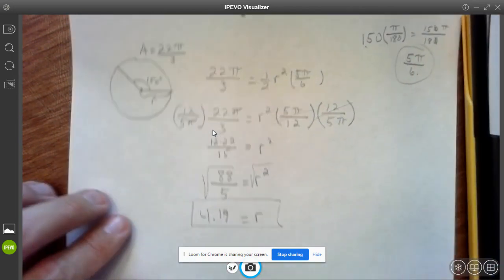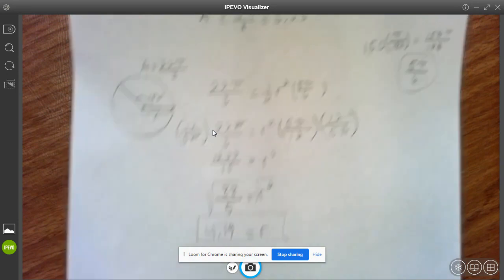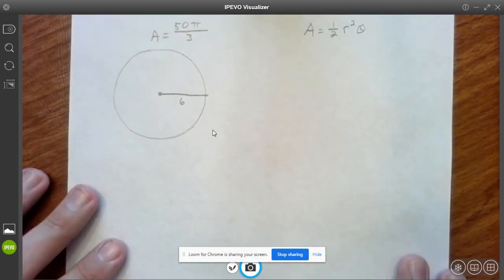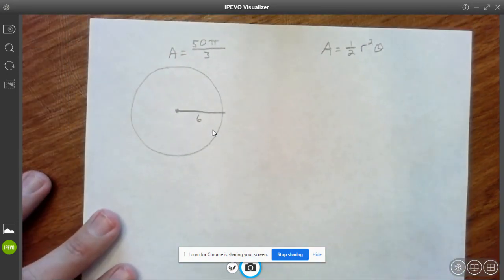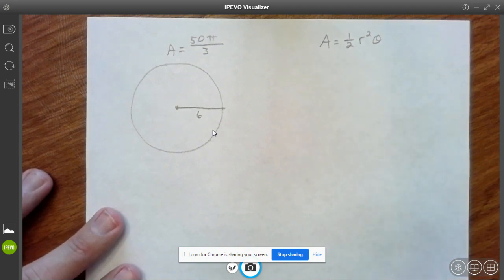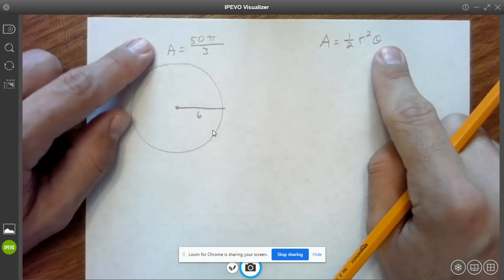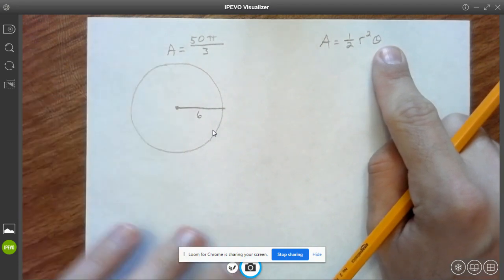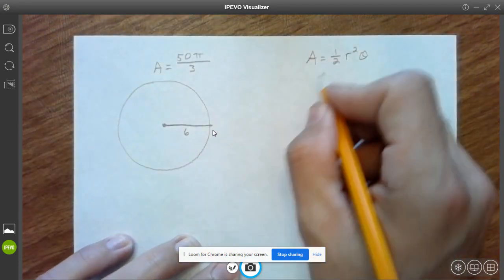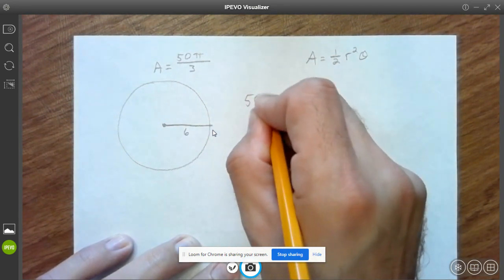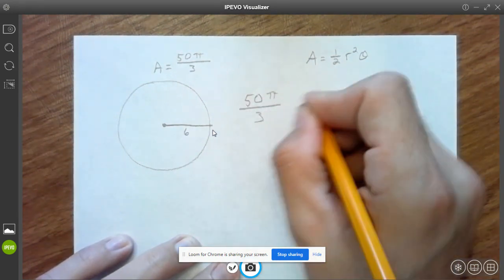I think I had another example. Let me see how crazy this is going to be. So we're trying to find theta, and we know the area and the radius. We can do it, it won't take too long. Area is 50 pi over 3.